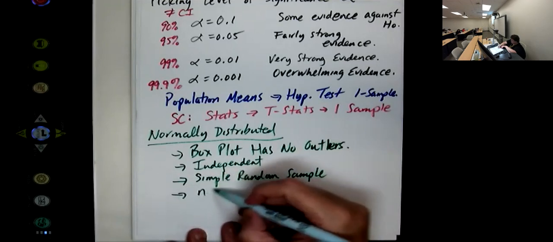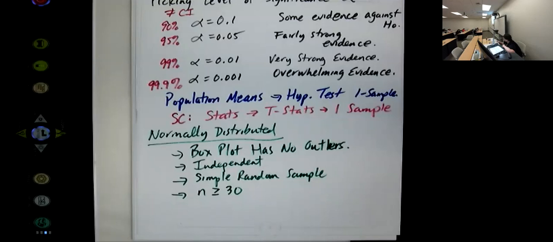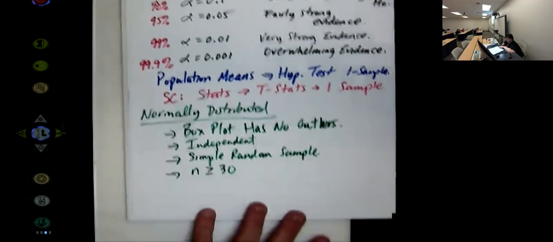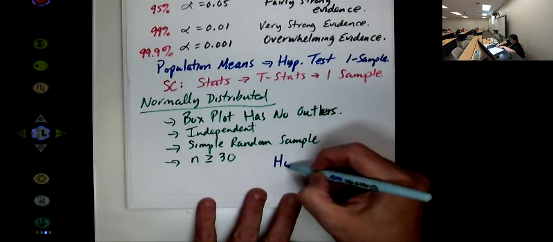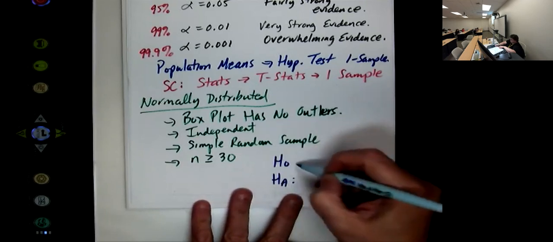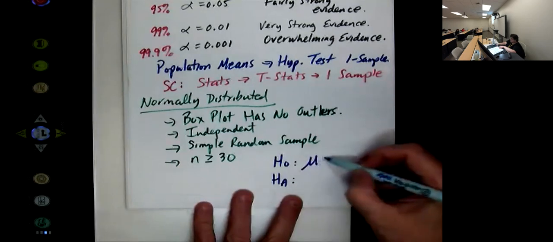And we want n to be greater than or equal to 30. Assuming that's all the case, H naught is always mu equals something.